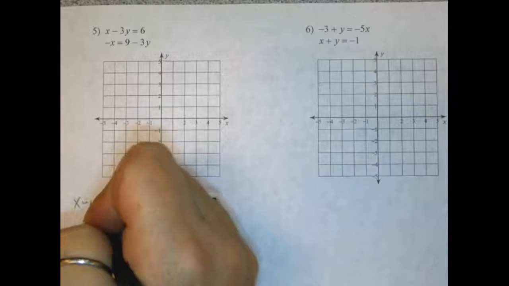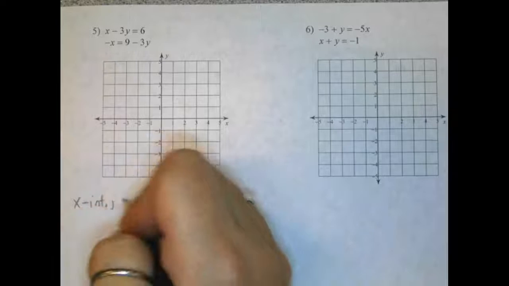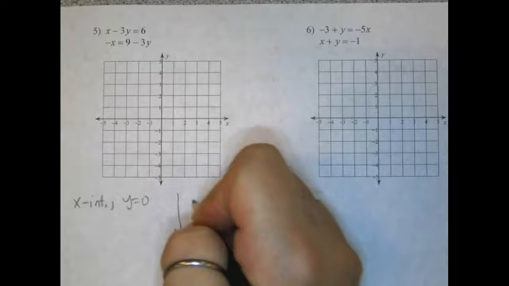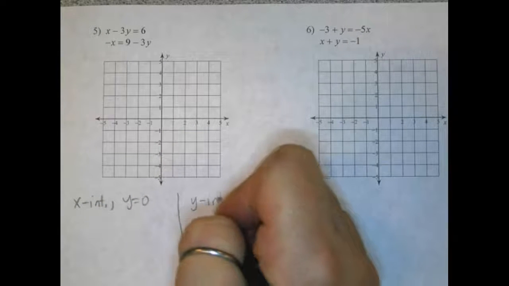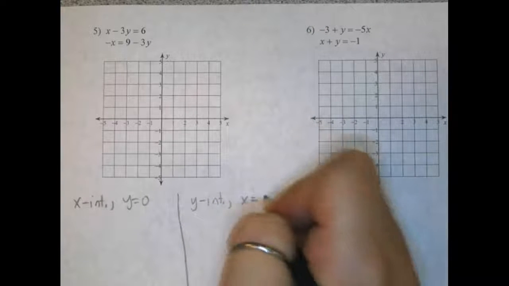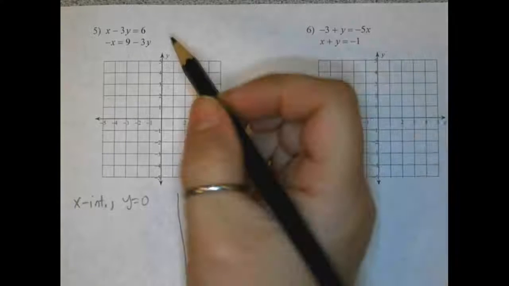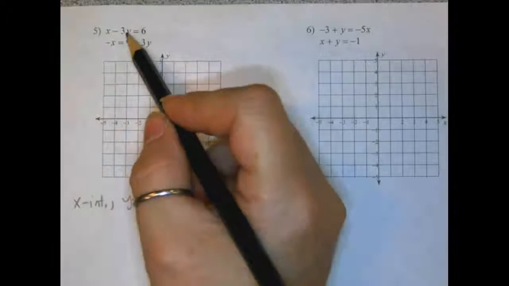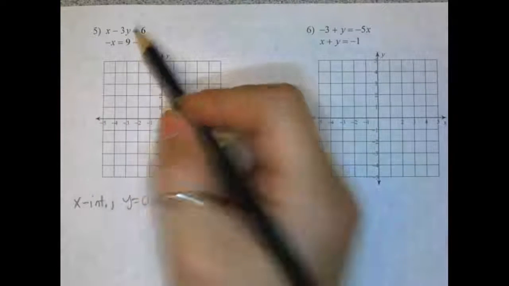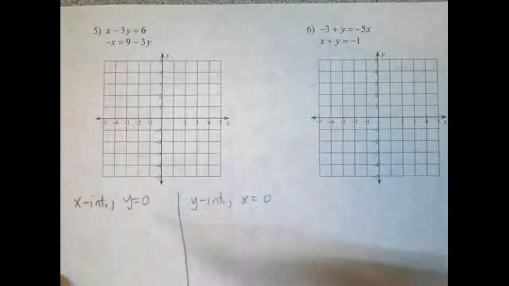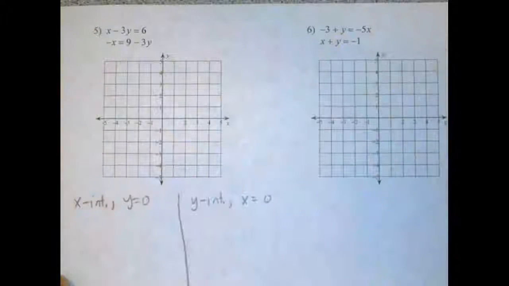So x-intercept when y is equal to 0. Y-intercept when x is equal to 0. Okay? So I'm going to take this problem here, and I'm going to rewrite it. And I'm going to do that for both lines.